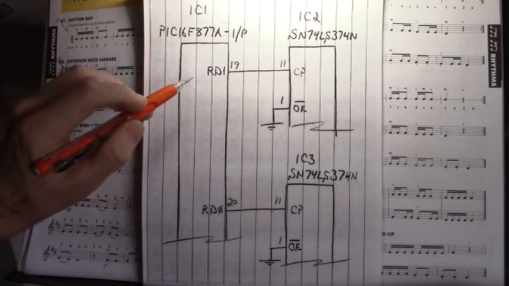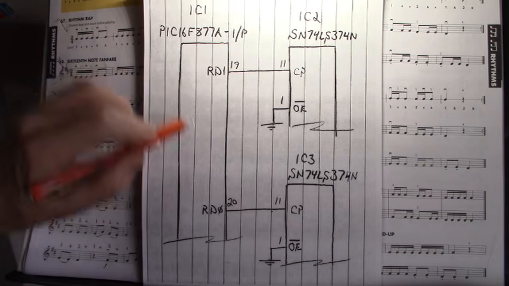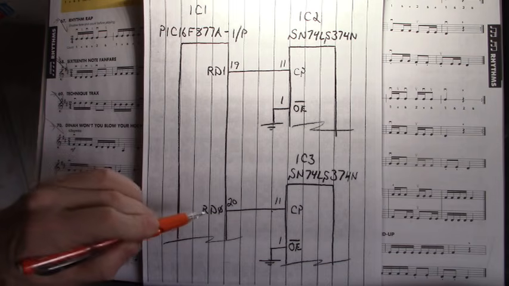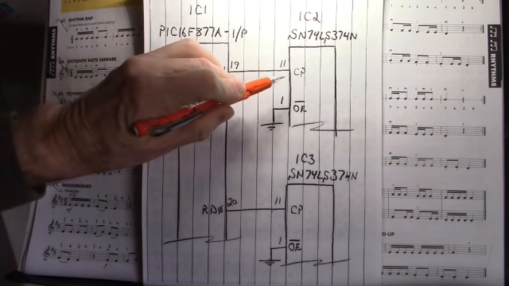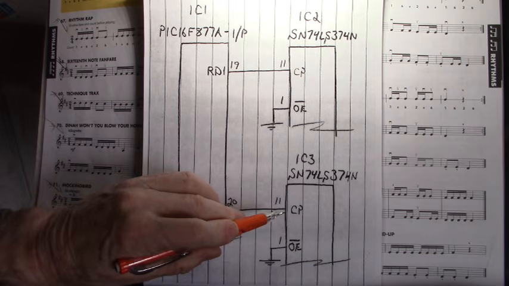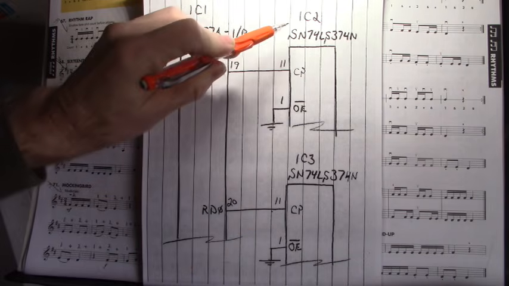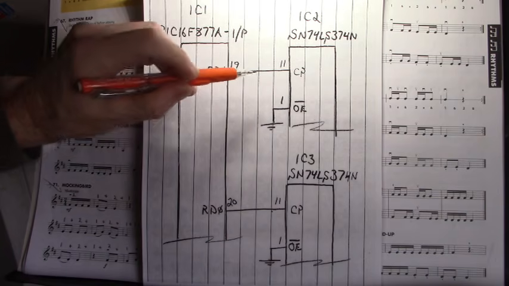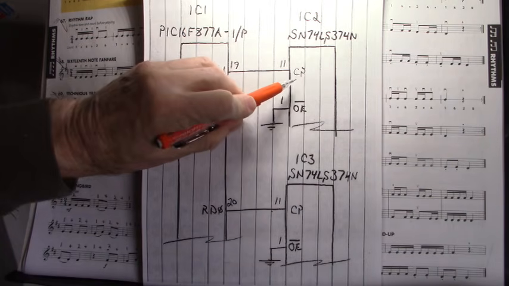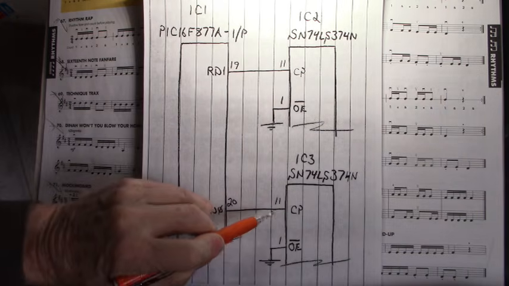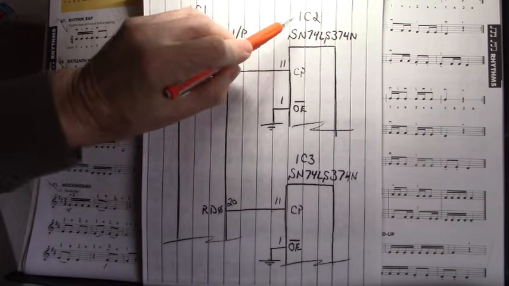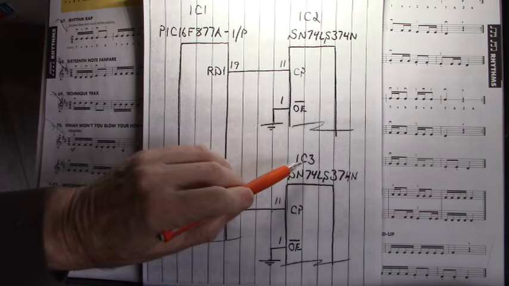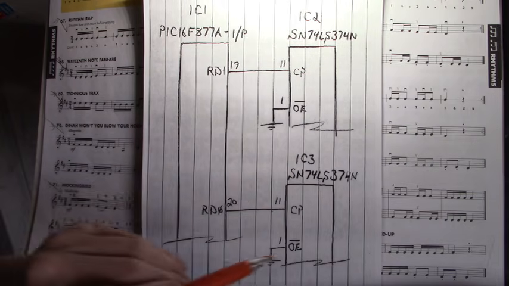And we do that with port D1 and port D0 providing a clock input to either IC2 or IC3. Here on pin 11, we have the clock pulse input on both these ICs. IC2 being the Hall effect output, and IC3 being the incremental encoder output.